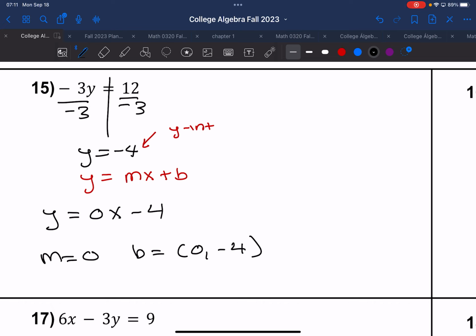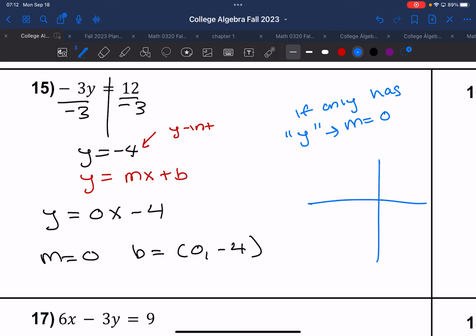If we end up with an equation that only has y, the slope is going to be 0. Would that be a horizontal line? Yes, the graph would look like a horizontal line.